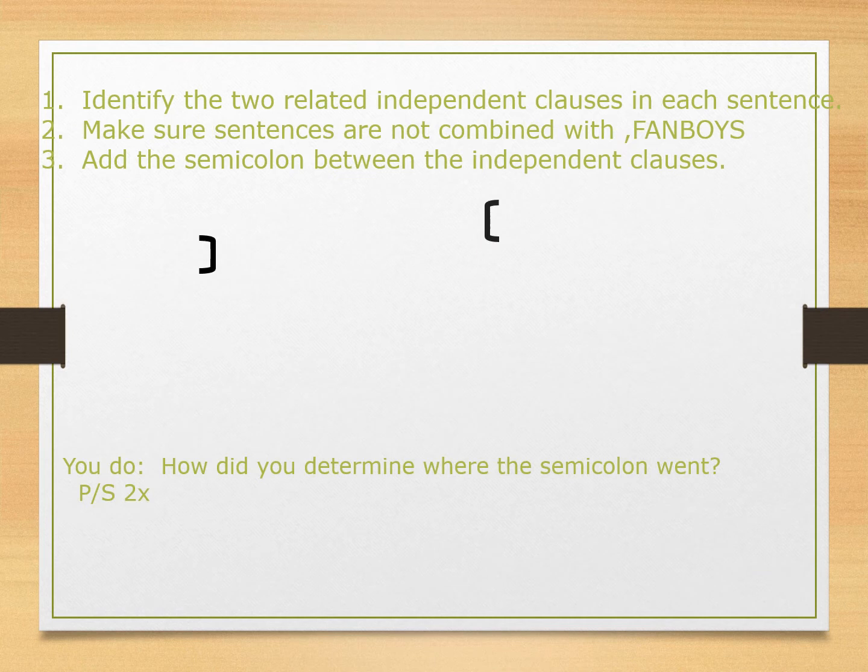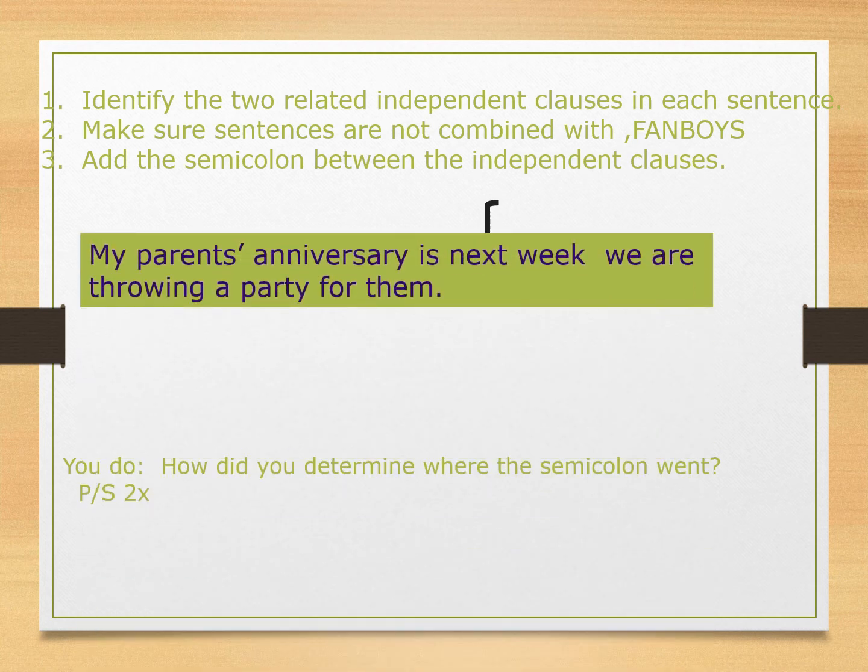Here, identify the two related independent clauses in each sentence. Make sure sentences are not combined with fanboys. Number 3, add a semicolon between the independent clauses. My parents' anniversary is next week. We are throwing a party for them.